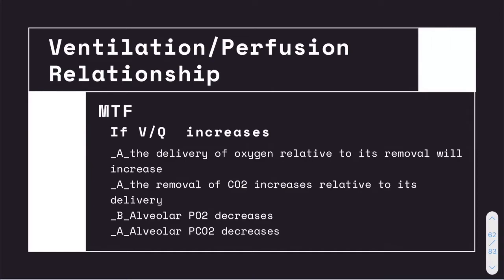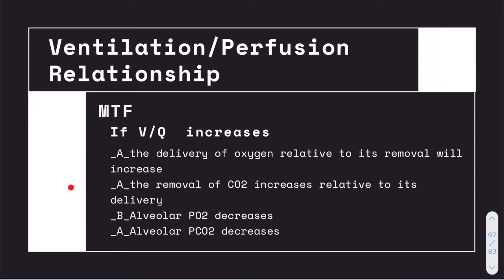Okay, so the answer is true. The delivery of oxygen relative to its removal will increase. In high VQ, the oxygen will increase. The removal of CO2 increases relative to its delivery.